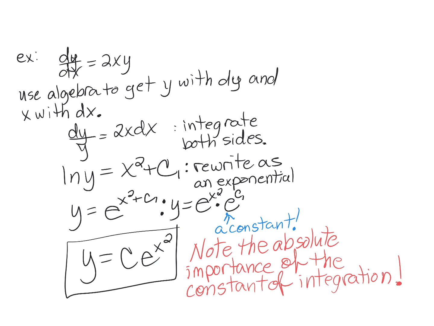Notice that if I did not have that constant of integration, if I did not go through this mental process, if not writing it down, then I would not have that leading coefficient. It is absolutely, essentially important that you do not forget your constants of integration and that you manipulate them properly.